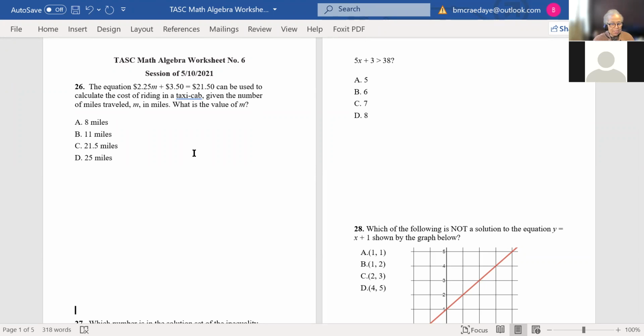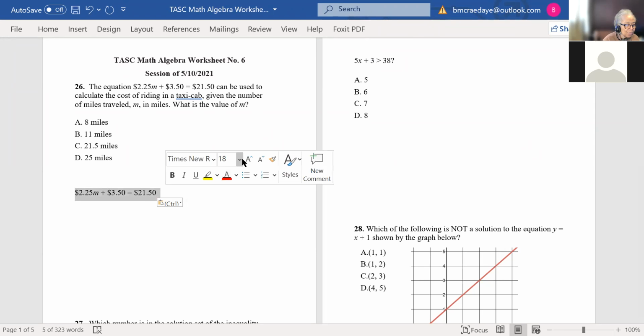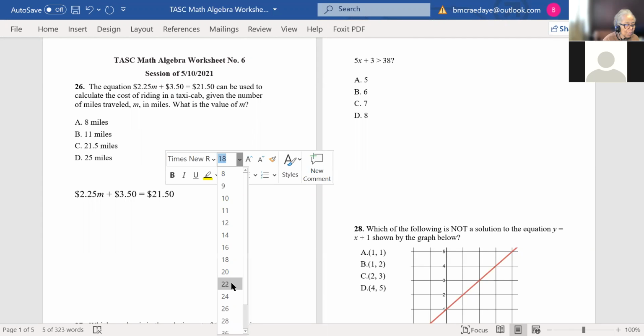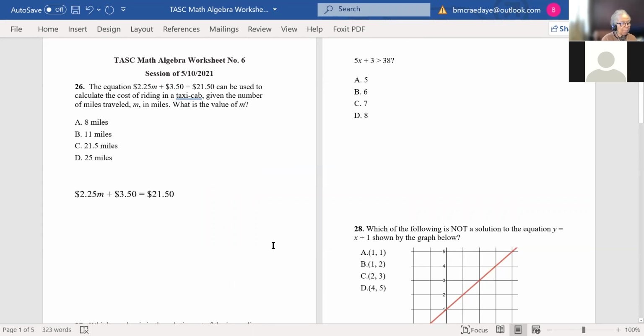You're solving this equation for m. So let me just copy this equation. The equation is 2.25m plus 3.50 equals $21.50.